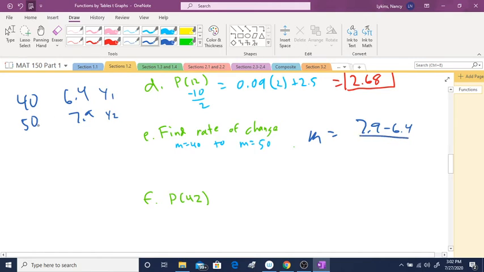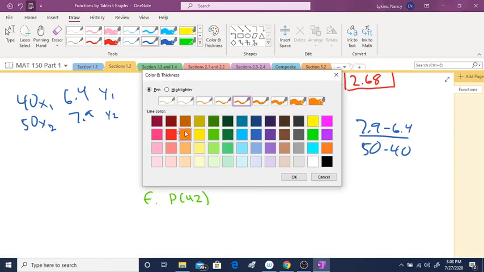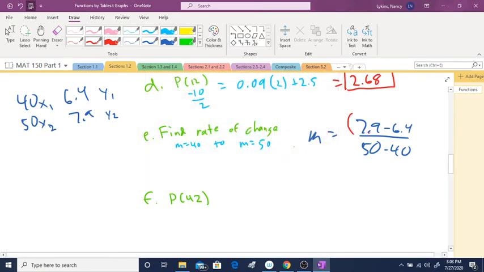And then this is my x2, and my 40 is my x1. So I'm going to say 50, subtract 40. Remember, always put parentheses. So when you do this, you get 0.15.